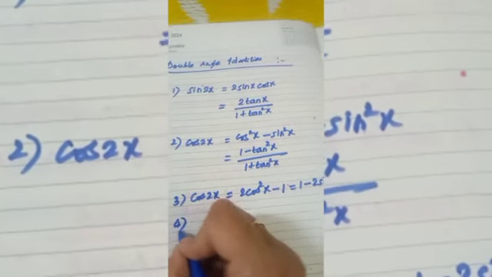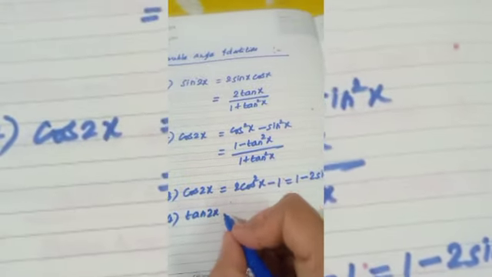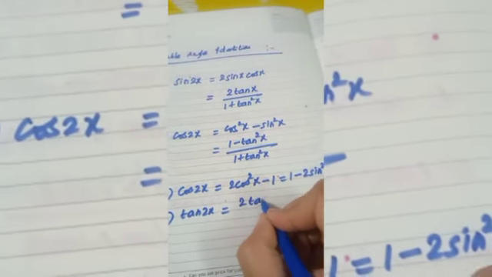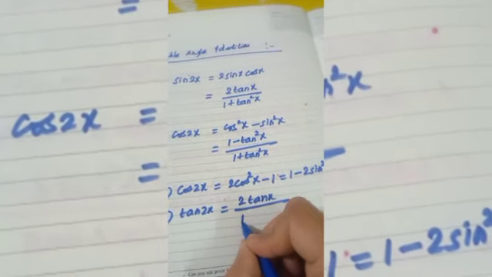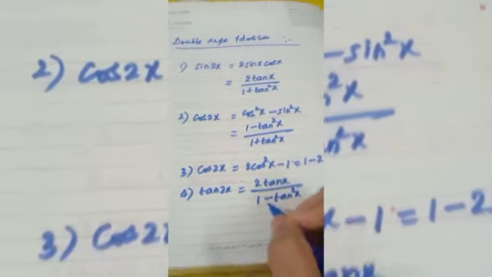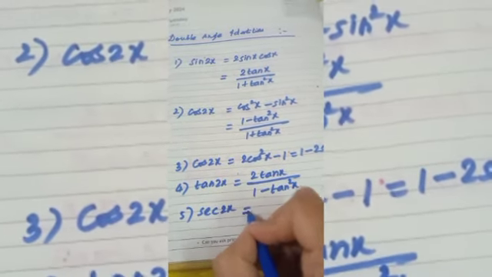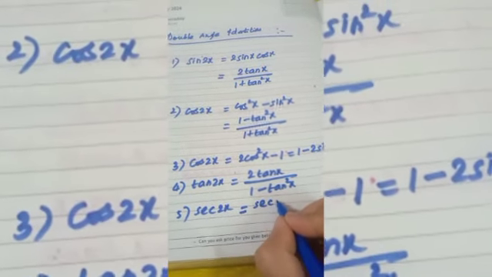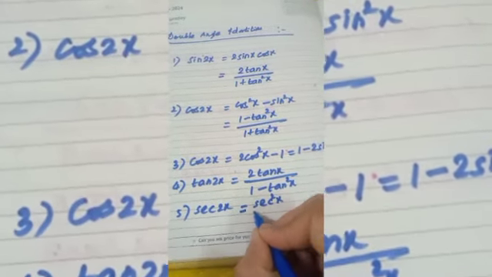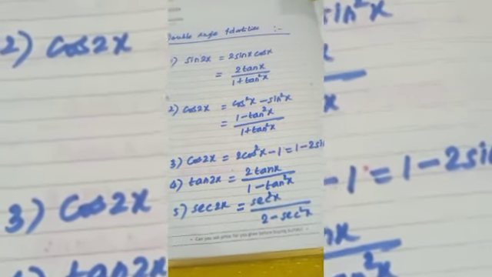And next one, tan 2x is equal to 2 tan x by 1 minus tan square x. And then secant 2x is equal to secant square x divided by 2 minus secant square x.